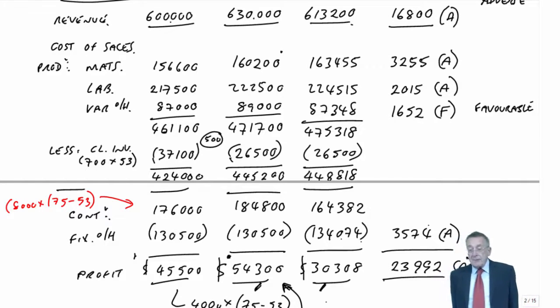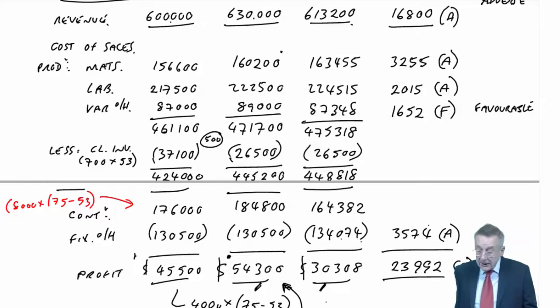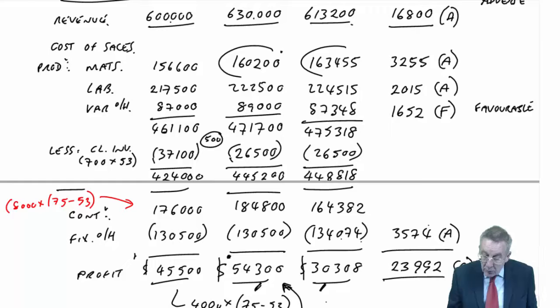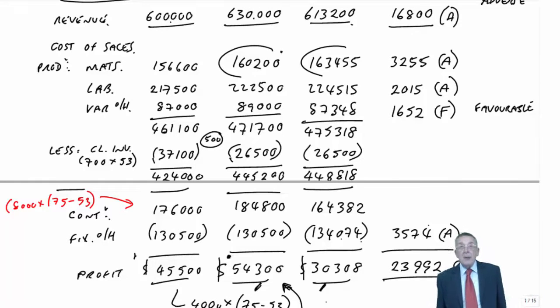You see, materials. Let me use that as a little example. We know we spent too much on materials. We should have spent $18 a unit. So we should have spent, for our production, $160,200. We actually spent $163,455.